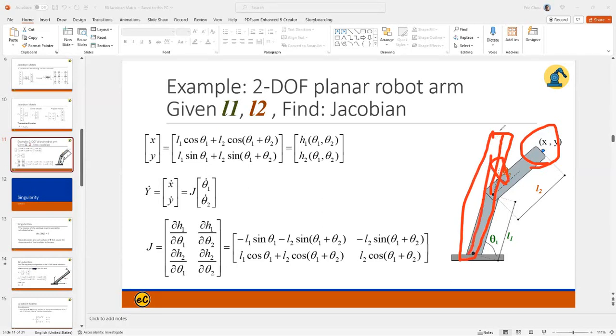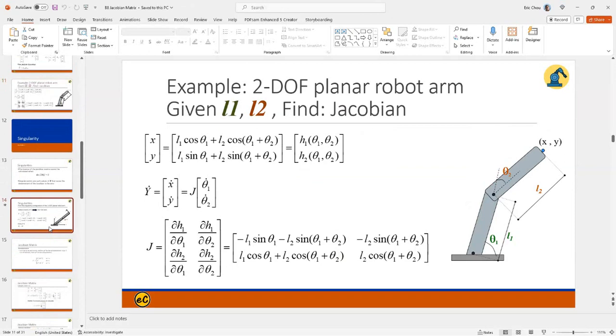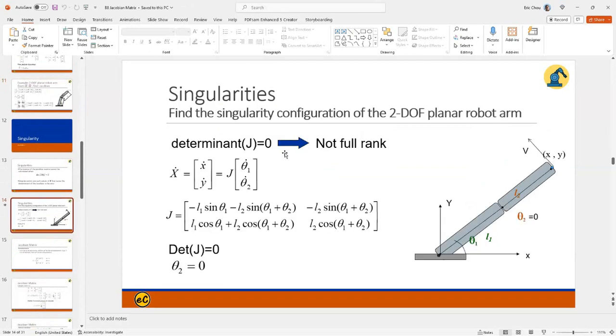When theta 2 is not changing, it's just like a one-dimensional change, so this entry is all zero. That's what we call singularity. Because of the singularity, some locations we may not be able to reach. It's not full rank; it's not 2D anymore, it's one-dimensional.